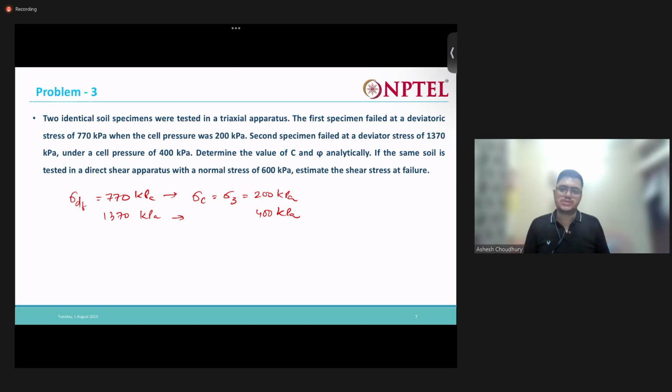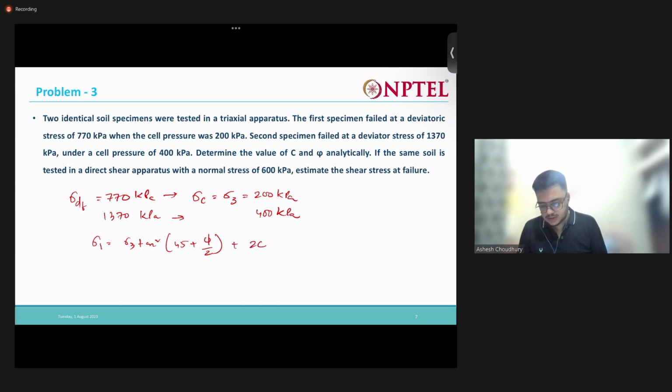So we will use the same basic equation, and we will get two equations, and we can solve two unknowns from two equations to get our c and phi, right? So sigma 1 is equal to sigma 3 tan square (45 plus phi by 2) plus 2c tan (45 plus phi by 2). Sigma 1 is 770 plus 200, equal to 200 tan square (45 plus phi by 2) plus 2c tan (45 plus phi by 2).